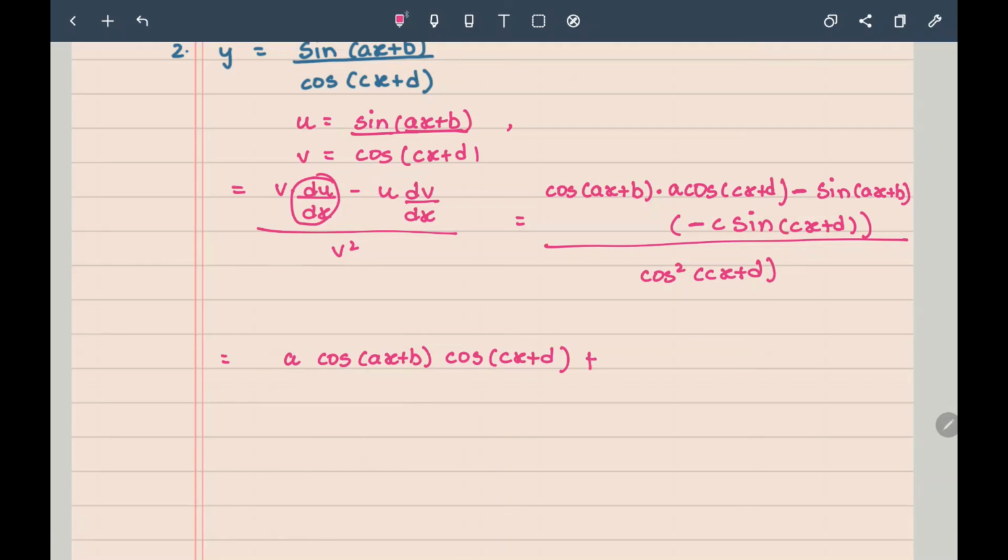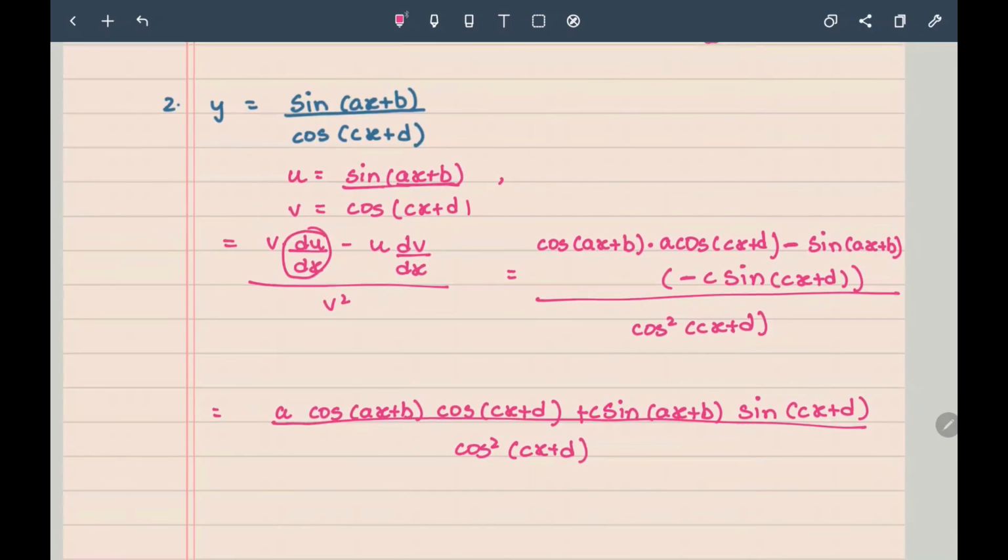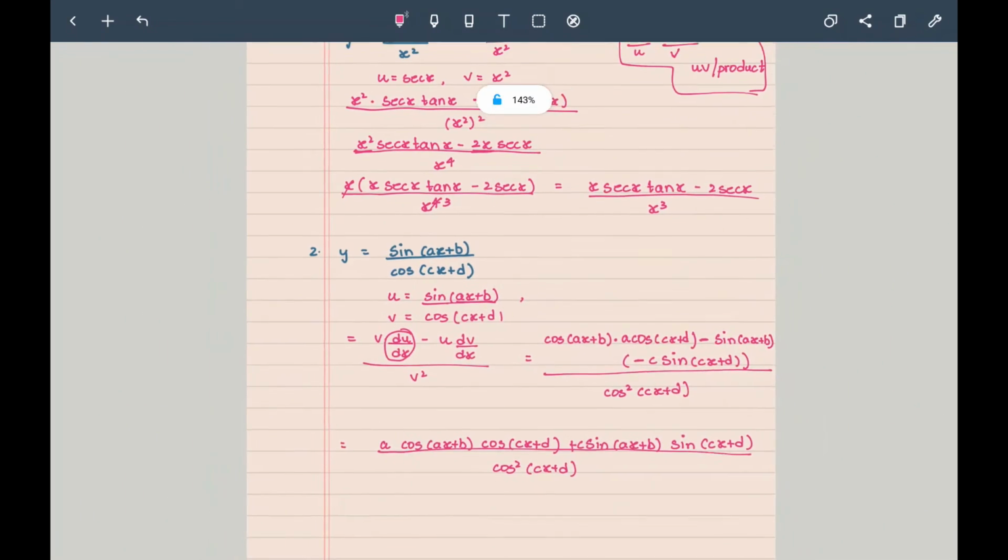So minus into minus will be plus, sine of ax plus b into sine of cx plus d into c divided by cos square cx plus d. If you want to simplify it further, you can simplify it. So that's it. This is the differentiation part.